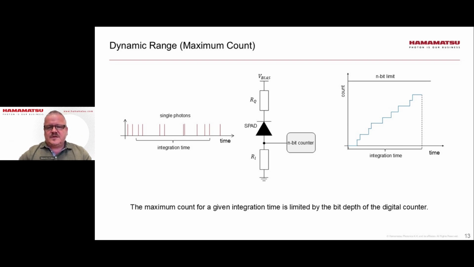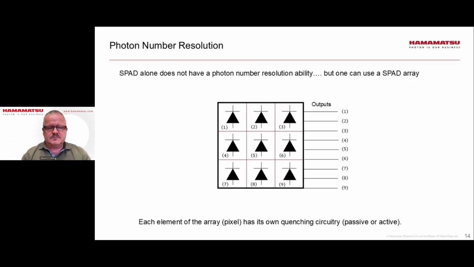In this case, the saturation is limited not by the SPAD, but by the number of bits in the counter. And of course, how often the photons are arriving in the integration time. So the maximum count for a given SPAD is limited by the counter.